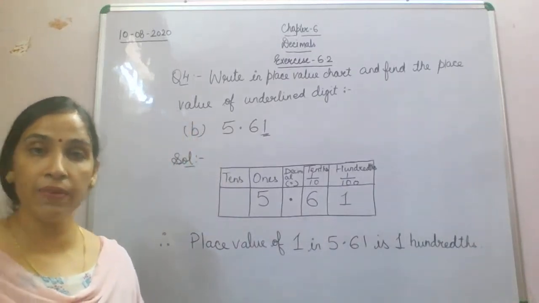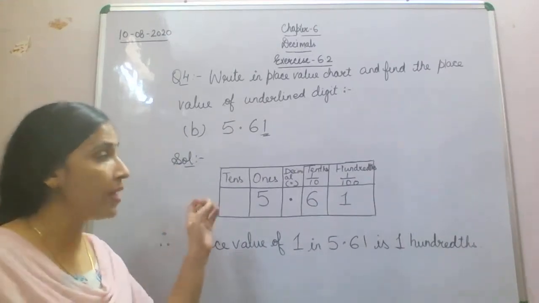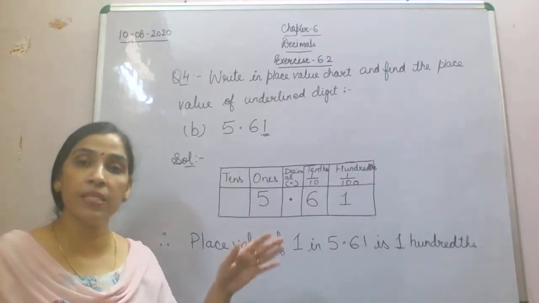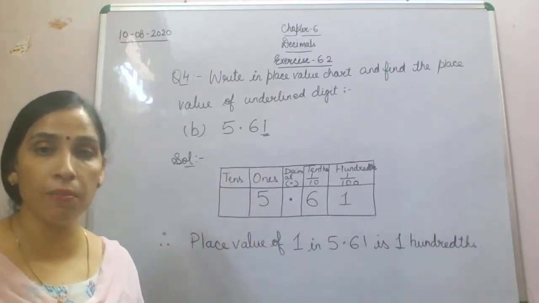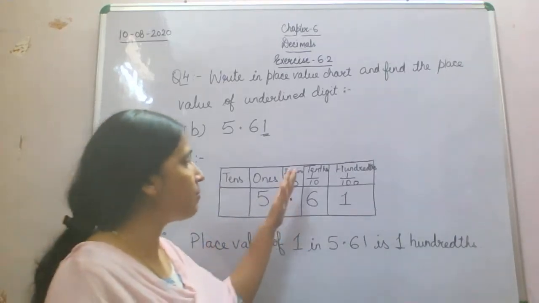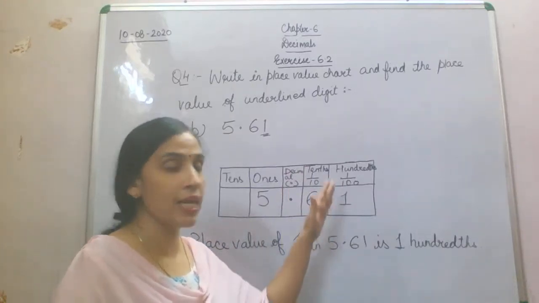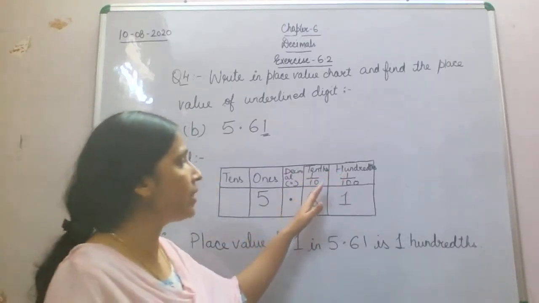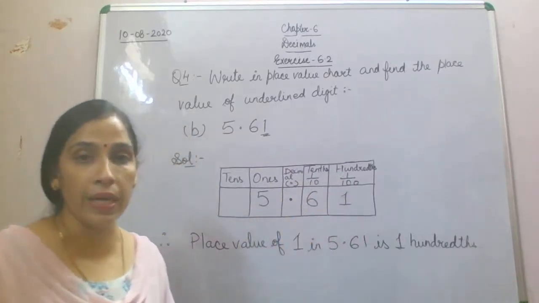Whatever number will be given to you, simply draw a place value chart where the ones, tens and hundreds places will be the same as we have done in large numbers. But after the decimal, you will write tenths and hundredths, 1/10 and 1/100.